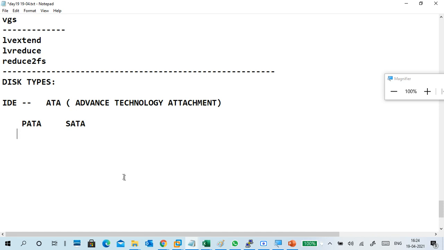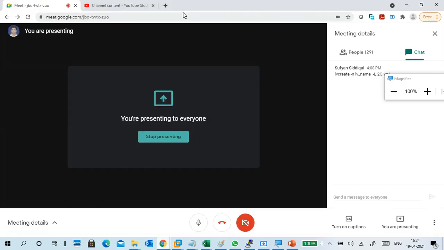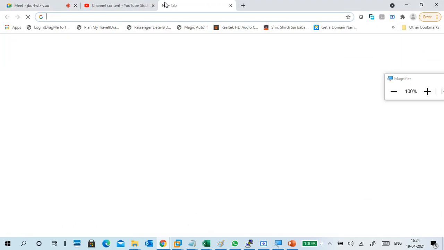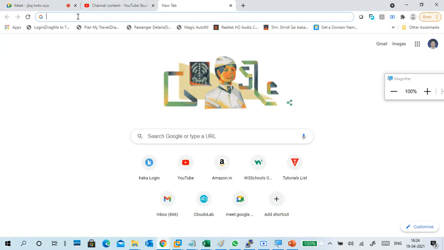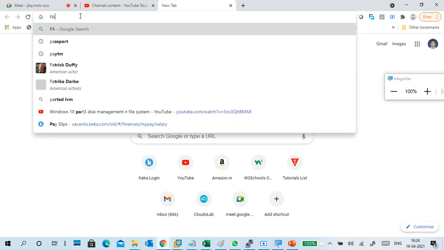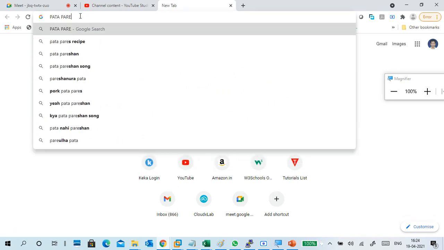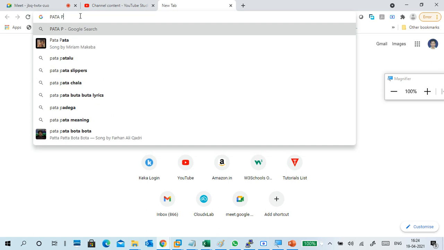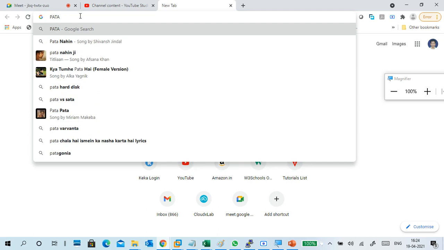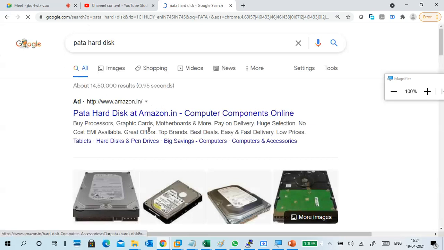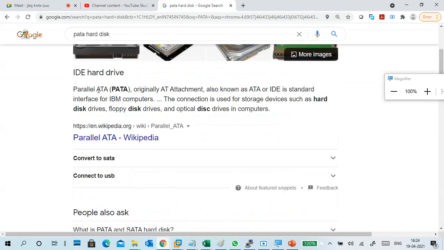Why am I typing like this? Okay, parallel.